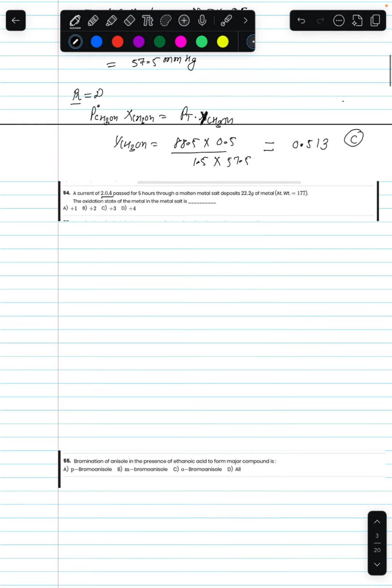Next is question number 54. A current of 2 ampere is passed for 5 hours through a molten metal salt and deposited 22.2 gram of metal. What is the oxidation state of metal in the metal salt?